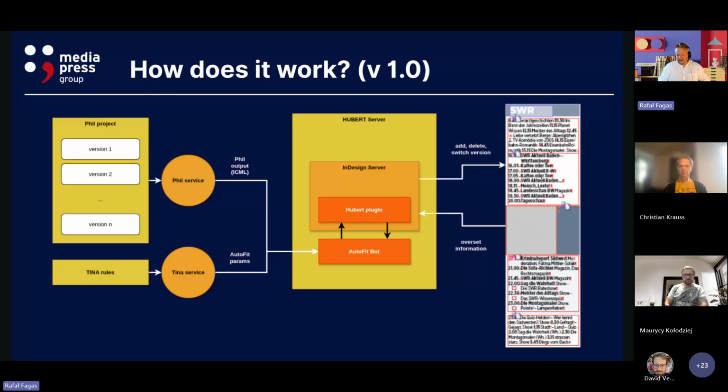But we only had basic information from the column, something called overset. If there were one or two lines too many or too few in a column, we only got this number of how many lines we were off. So it was quite a process where we were iterating, trying different combinations of these versions, and only getting back the information: okay, we are good or we are not good.